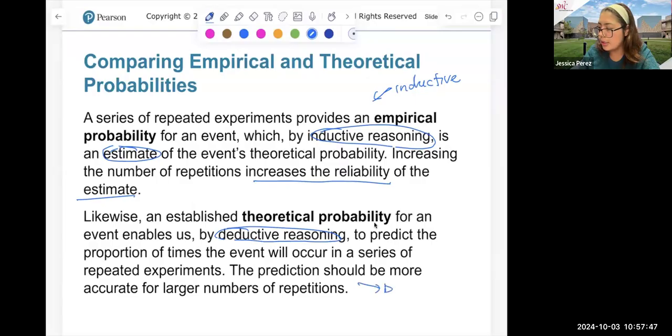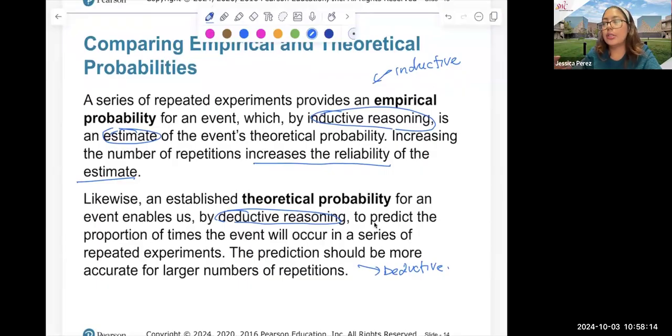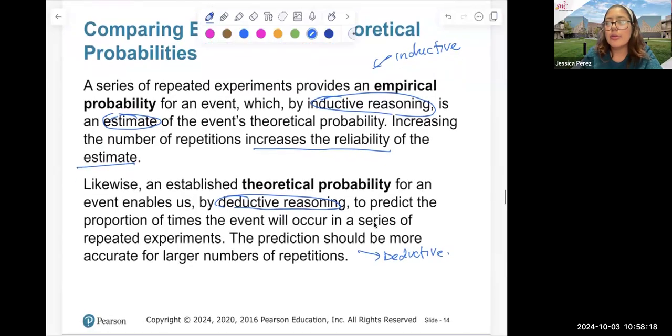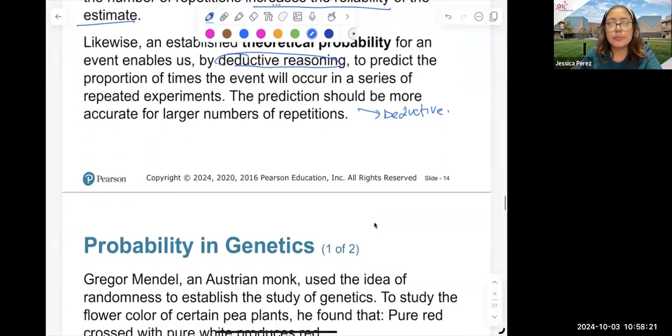Here we use deductive to predict the proportions of times the event will occur in a series of repeated experiments. The prediction should be more accurate for large numbers of repetitions. So the big difference is one uses inductive reasoning, the other one uses deductive reasoning. Empirical, the experimental, we're actually performing the event, whereas a theoretical is a very close approximation of what we're thinking.